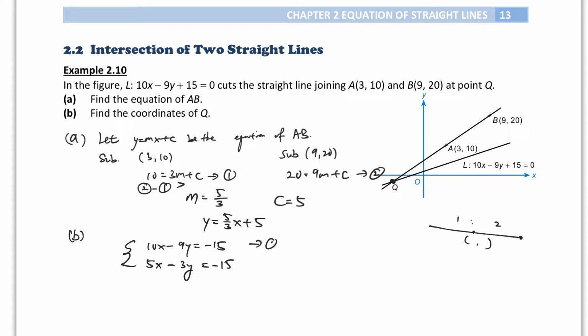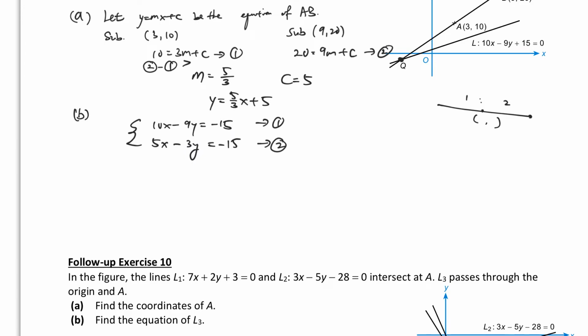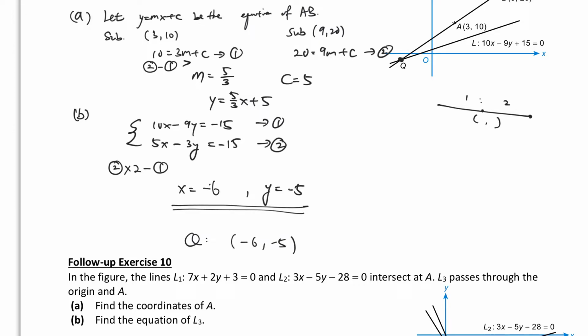And then by solving these two simultaneous equations, you can find the coordinates of x and y. So by using your calculator, you can find the coordinates of Q. So Q is equal to negative 6 and negative 5.